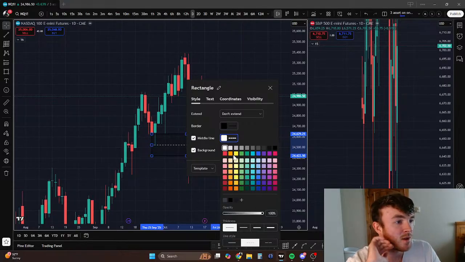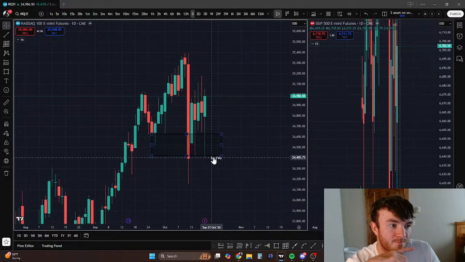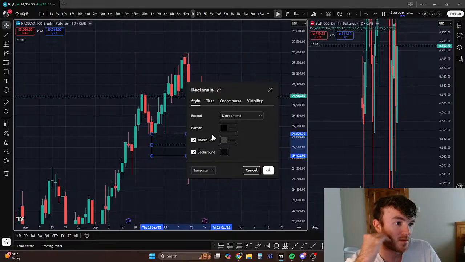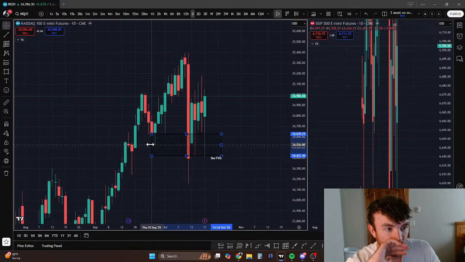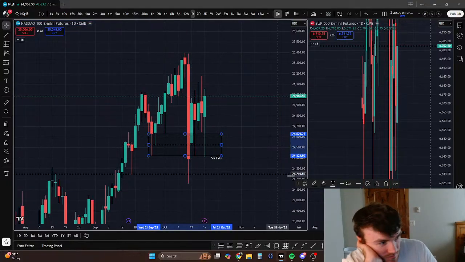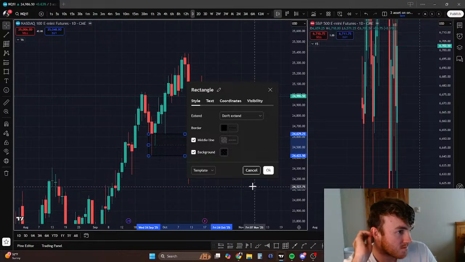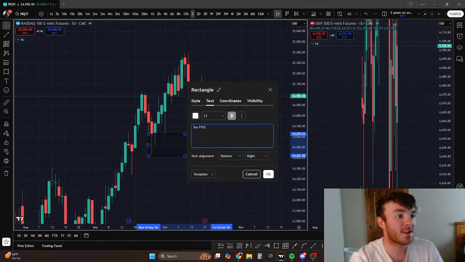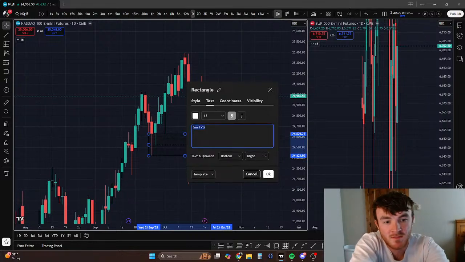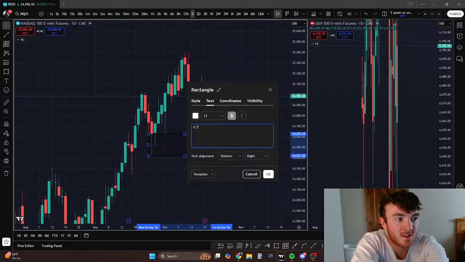I wish I could do quadrants with the... I want to name these. I want to give a name to them. Maybe ICT quadrant.